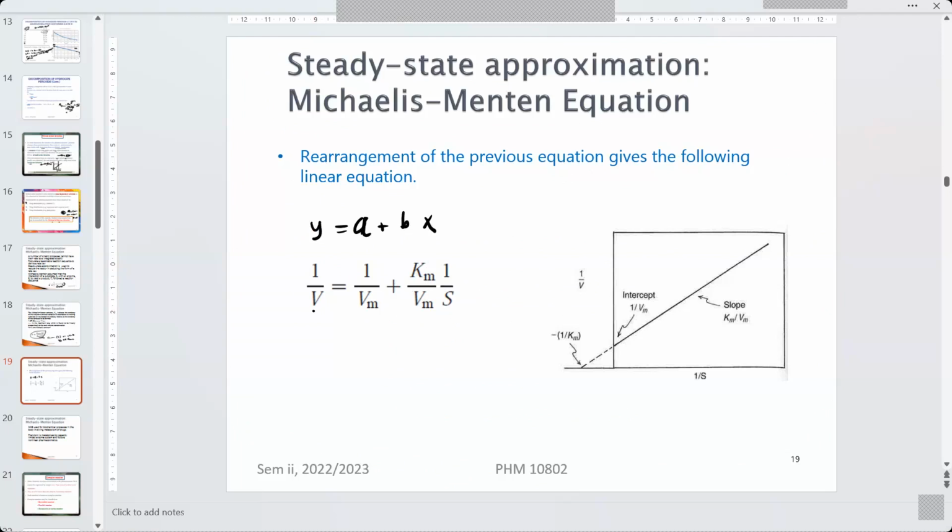So we plot 1 over V, this is y, versus inverse concentration. Then you will get a linear plot. The slope is Km divided by Vmax, and that is the intercept.